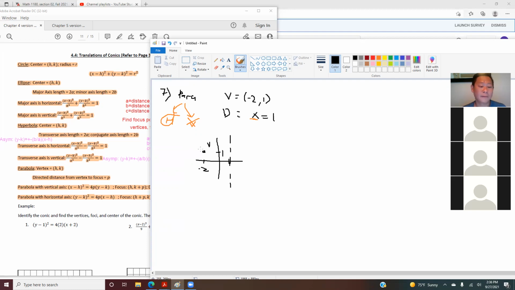Which one? Going down. Not down. Side C. C or the other way? It's not C, it's the other way. The reason why it's not C is because your directrix is on the positive side. If your directrix is on the negative side and your vertex is here, then it actually goes like this.